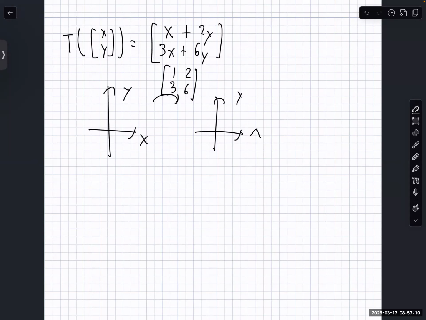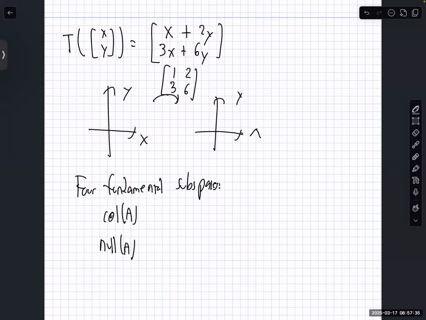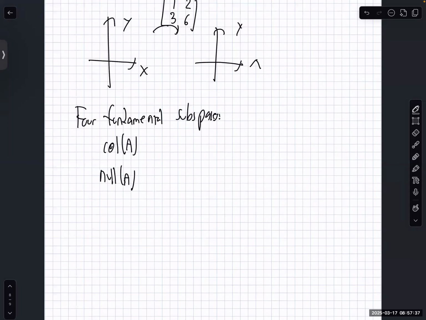Do you remember what the 4 are? One of them is the null space. Column space. Yeah, that's just a gentle reminder. The 4 fundamental subspaces: column space, what else? Null space. Do you remember the other 2? Exactly. So the orthogonal complement of the column space and the orthogonal complement of the null space.